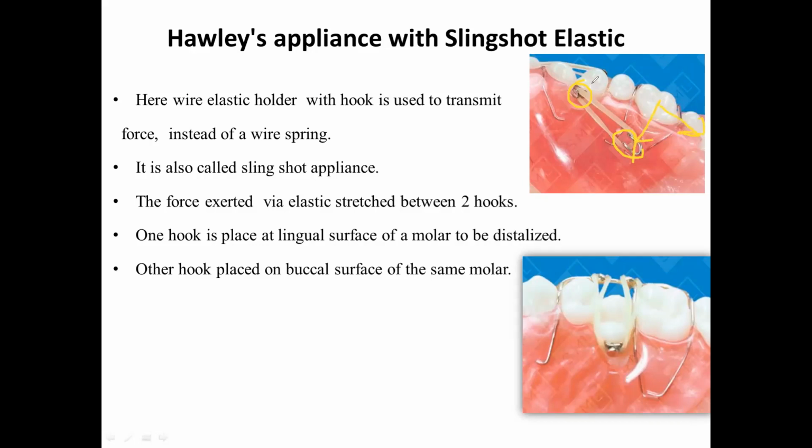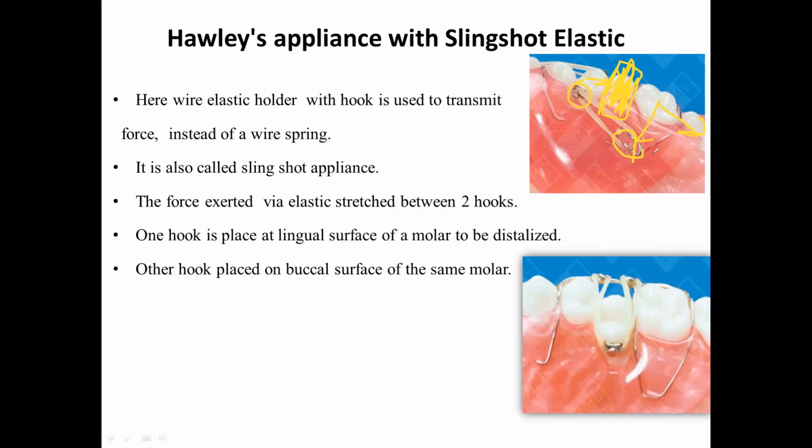And there is another hook which is present on the mesial side of the space. Here you don't consider that the tooth is present. You see here the space is empty and we do not want this tooth to drift into the empty space.